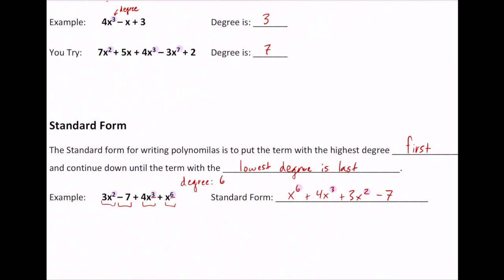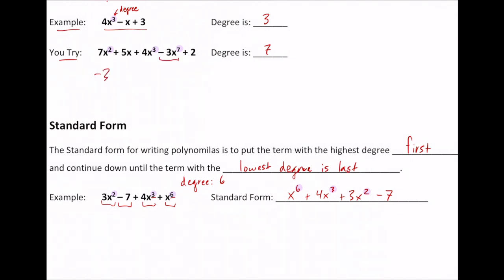Right? For an exercise, I'd like you to organize these examples from earlier. We want to write them. Well, this one's already in standard form, but you can try this one. So take a moment, pause the video, give it a shot. Alright, we know that our degree is 7, so I'm going to write that highest degree first.